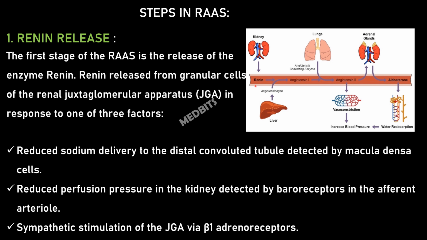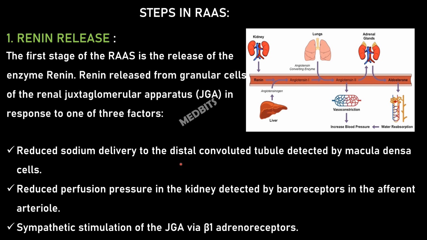Renin is released from granular cells of the renal juxtaglomerular apparatus in response to one of 3 factors. There are 3 reasons why renin has to be released from the JGA. What are the 3 reasons? Number 1 is reduced sodium delivery to the distal convoluted tubule, detected by macula densa cells. That is reason number 1.